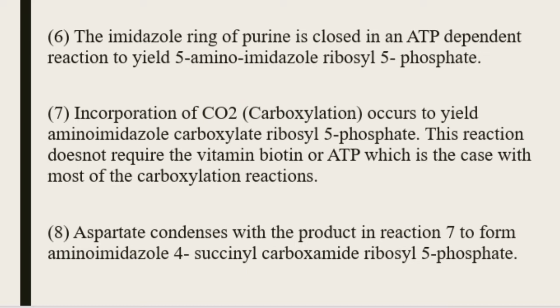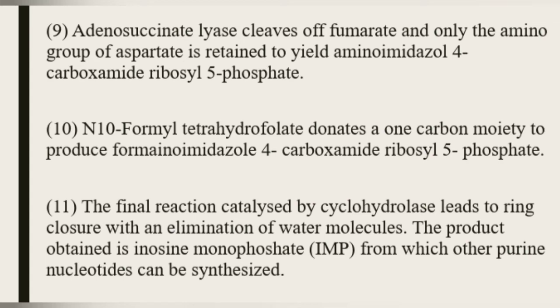The eighth step is that aspartate condenses with the product of reaction 7 to form aminoimidazole 4-succinyl carboxamide ribosyl 5-phosphate. In the ninth step, adenylosuccinate lyase cleaves off the fumarate, and only the amino group of aspartate is retained, to yield aminoimidazole 4-carboxamide ribosyl 5-phosphate.